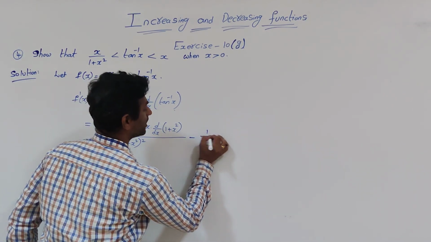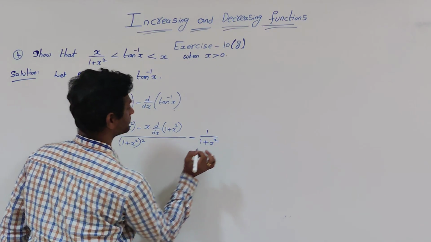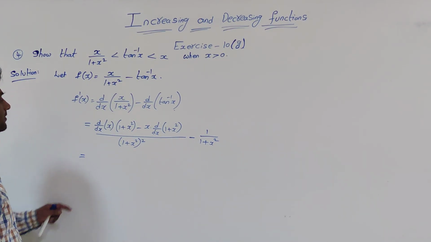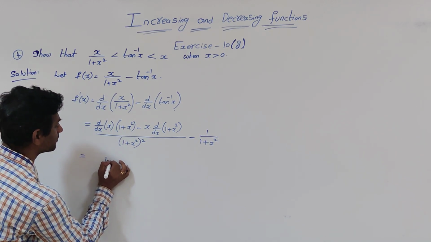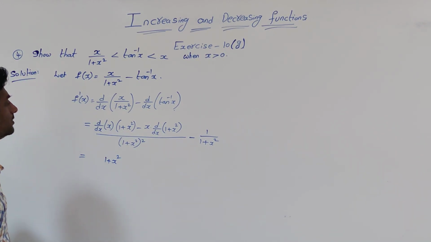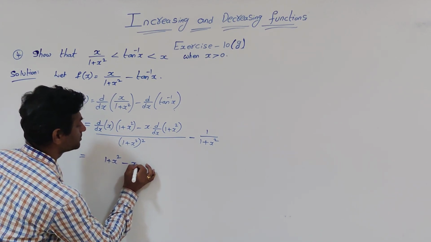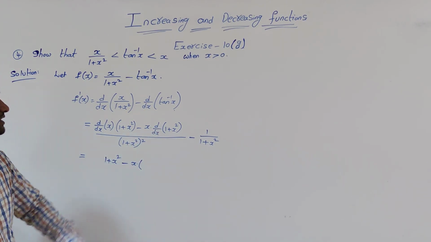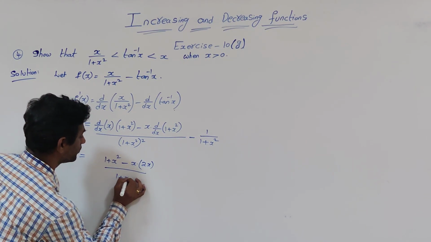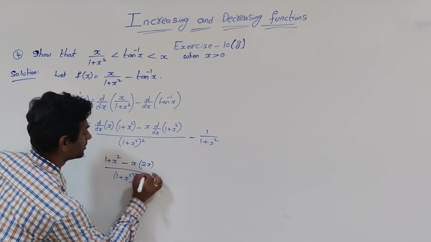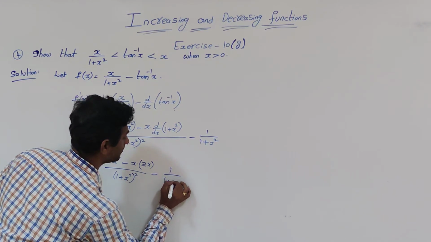That will be 1 by 1 plus x square. If you simplify, the derivative of x is 1, so 1 is multiplied with 1 plus x square, minus x times the derivative of 1 plus x square, which is 2x, by 1 plus x square whole square, minus 1 by 1 plus x square.